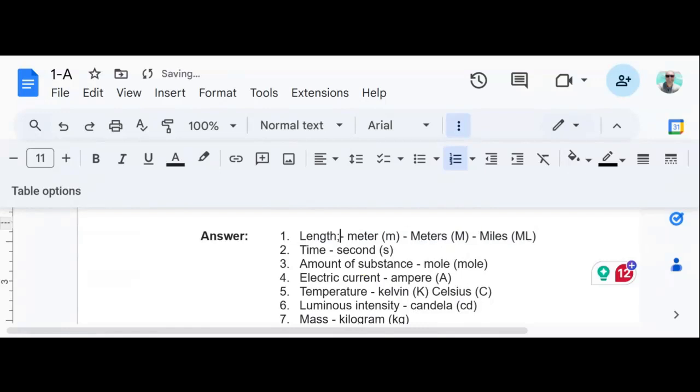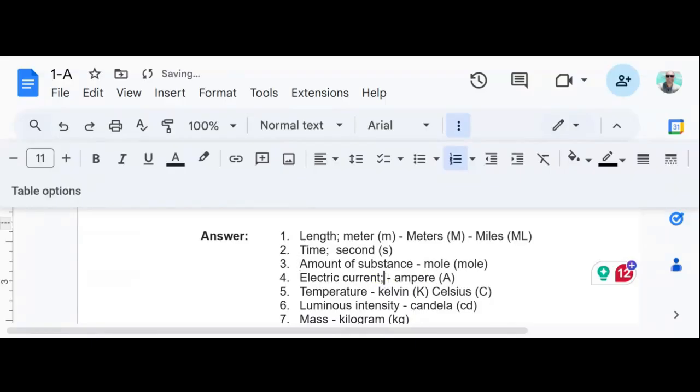That's one way, correct? What's another way? Time. How can you measure time? Seconds, minutes, hours, days, months, years. Okay, another type of measurement. Amount of substance.